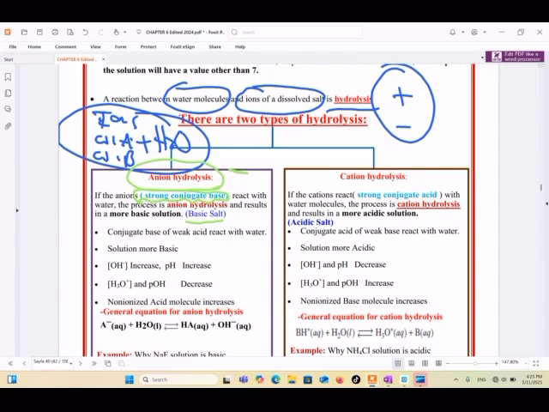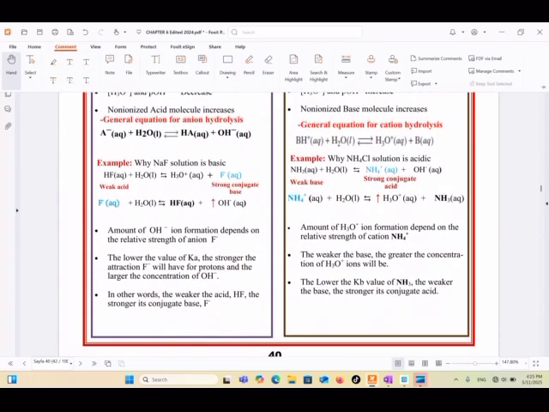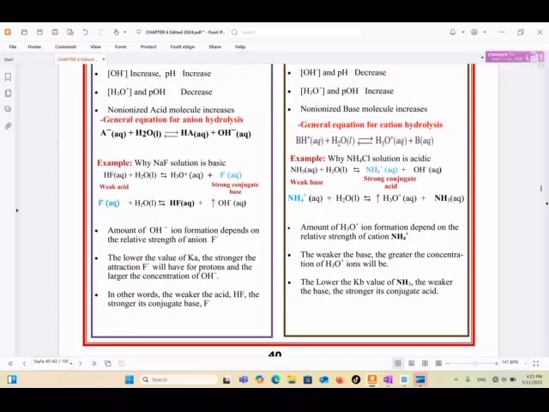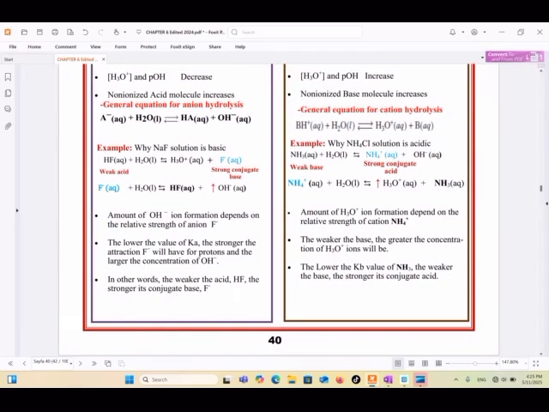Let me provide an example for this. Suppose here we have the reaction between an acid and water. When the acid reacts with water, HF, a weak acid, produces a strong conjugate base, which is F negative.